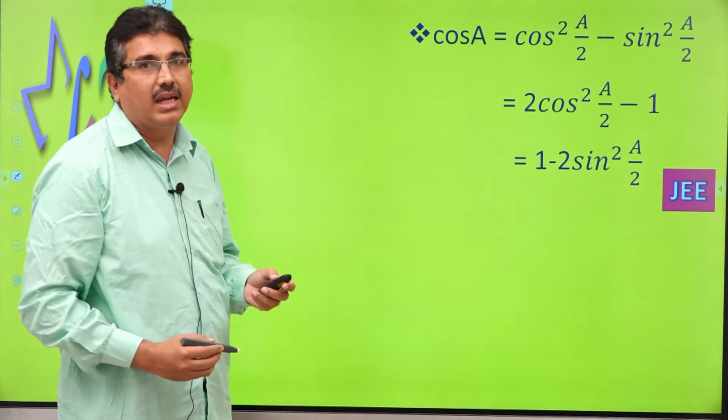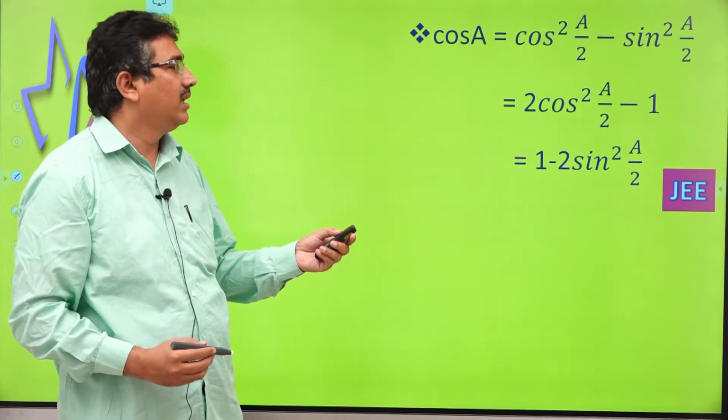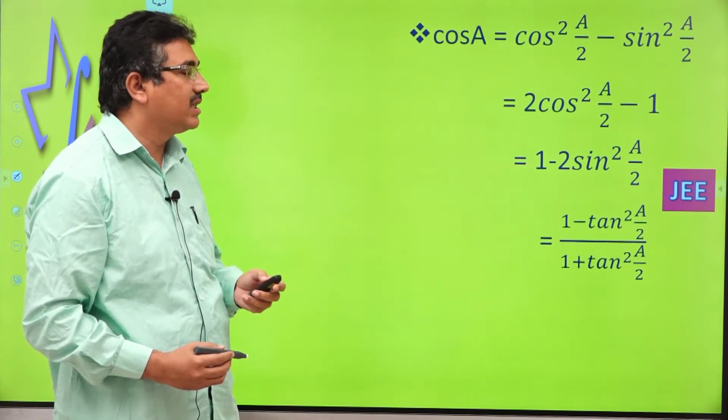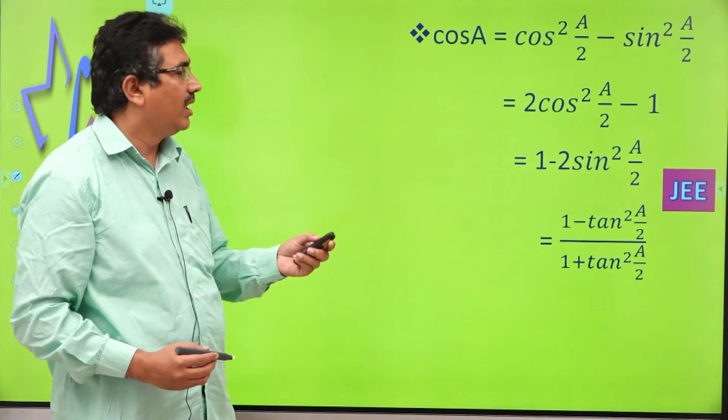Now cos A in terms of tan A/2 is 1 minus tan square A/2 by 1 plus tan square A/2.